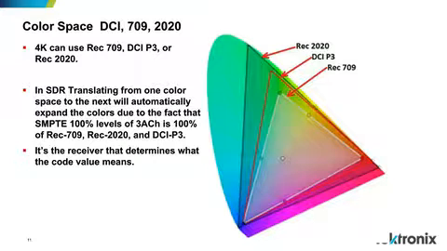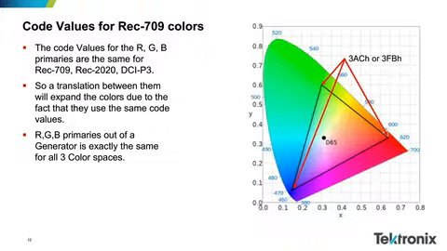So the unique thing for SDI is that it is linear and knows nothing about color space. So the same digital value will point to the color that the receiver has been set to.